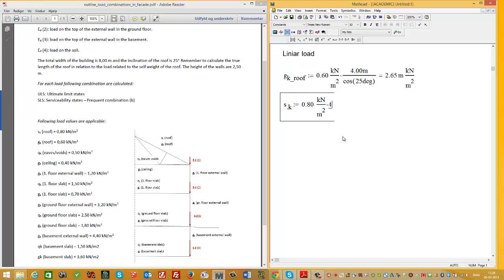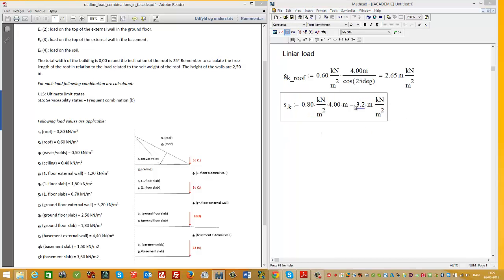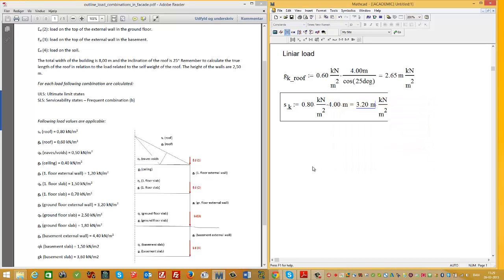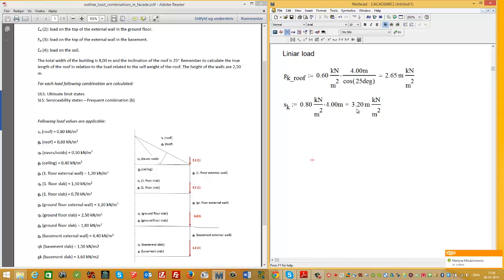So it's just multiplied with 4 meter. So the snow load is 3.2 kilonewton per meter, of course.